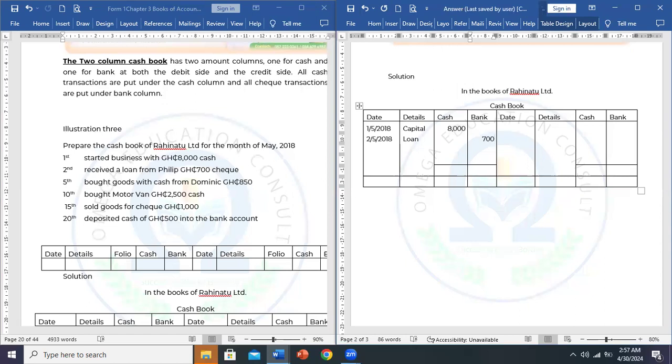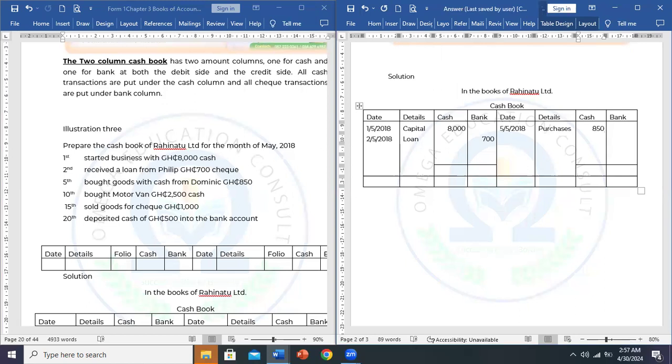Fifth, bought goods with cash from Dominic. So the business is buying goods, that's a payment. So we go to the credit side. 5th May 2018, details is purchases. The amount will go under the cash column because the transaction was on cash basis.